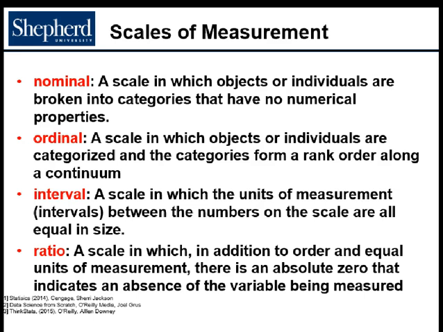Ordinal data have the properties of nominal data, and in addition, the order or rank of the data is meaningful. Again, a non-numeric label or a numeric code can be used.